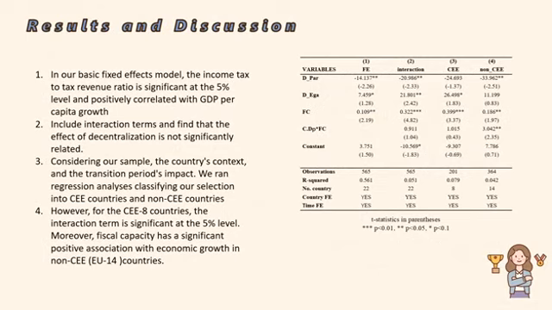In our basic fixed effects model, the income tax to tax revenue ratio is significant at the 5% level and positively correlated with GDP per capita growth.